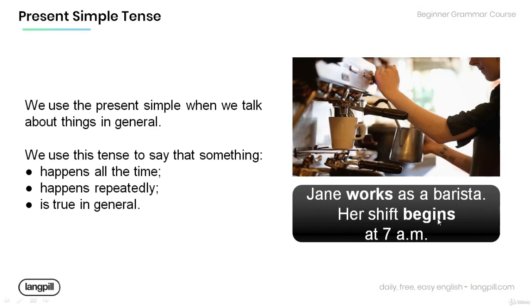Her shift begins at 7 a.m. Now, in the first sentence, Jane works as a barista is the general truth. And in this sentence, her shift begins at 7 a.m., it shows that this is something that happens repeatedly, all the time.